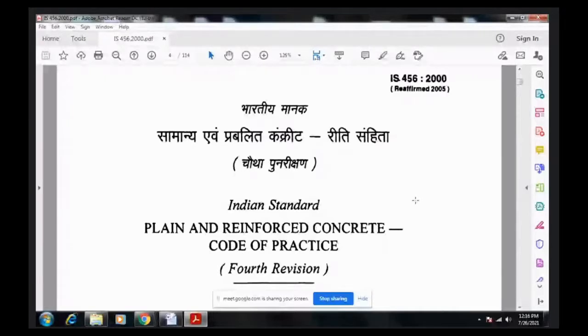Design process means you have got an assignment that you have to recommend a beam, which has got, say, a rectangular section, and which will be able to carry, suppose, a particular load, maybe 50 kilonewton per meter, say, and suppose the support to support distance, this span, is 6 meters.